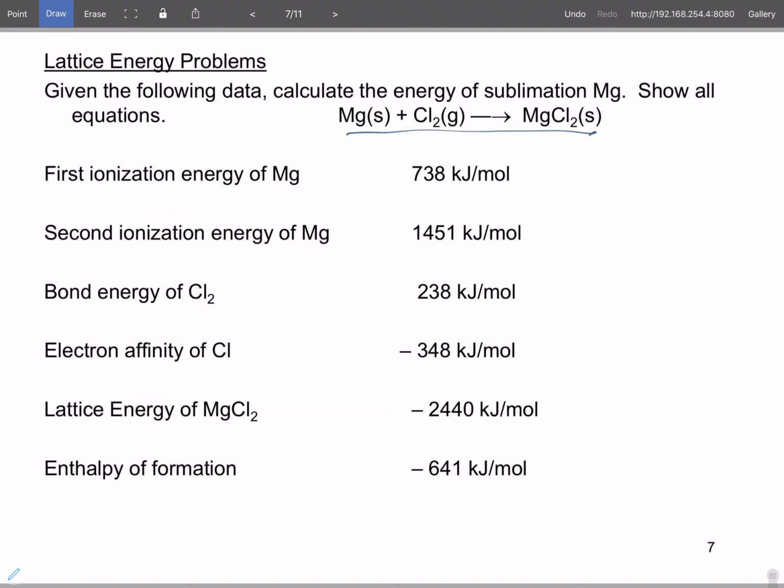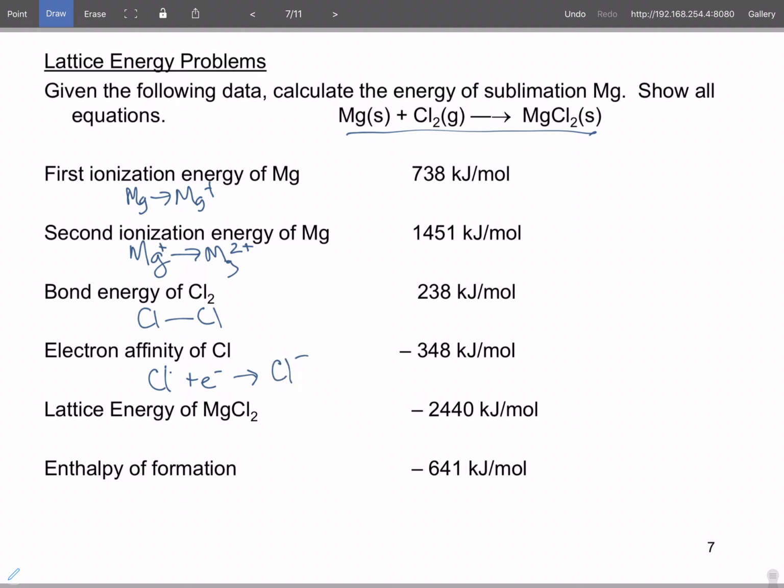So here's our first ionization energy of magnesium. That would be magnesium to magnesium plus. Here's our second ionization, magnesium plus to magnesium 2 plus. The bond energy, that's taking chlorine and breaking it up. Electron affinity is chlorine plus an electron to give you chlorine minus.